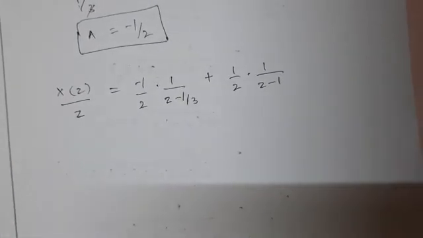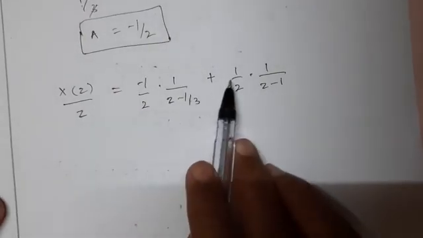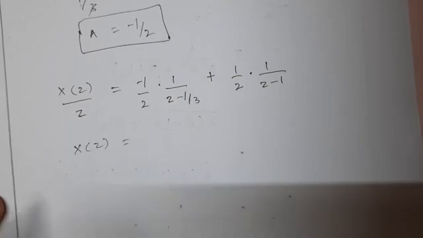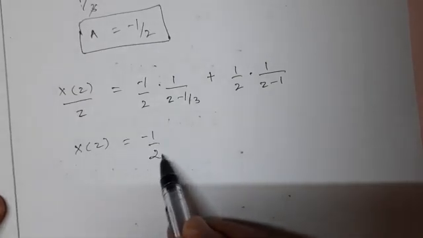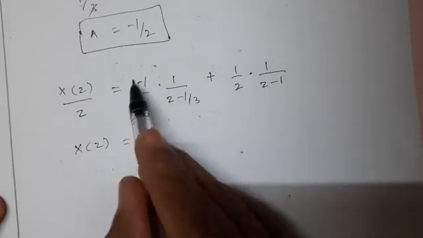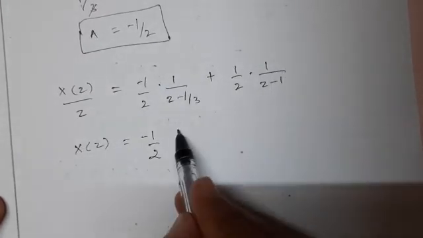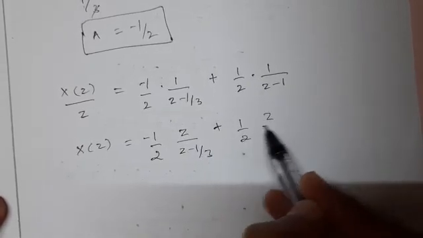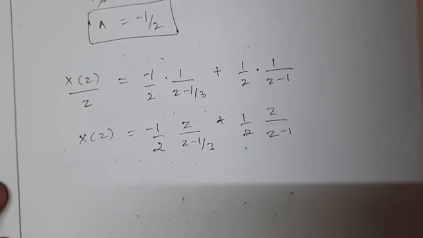Am I right? So A divided by (z - 1/3) plus B divided by (z - 1). So now X(z) is equal to minus half. This z I will take out. For complete X(z), z gets multiplied to this equation, which is z divided by (z - 1/3), plus half z divided by (z - 1).